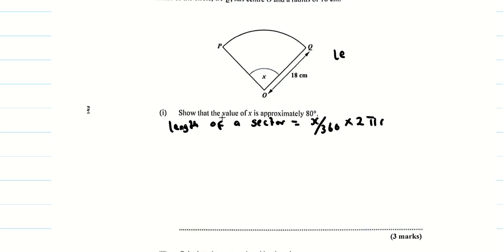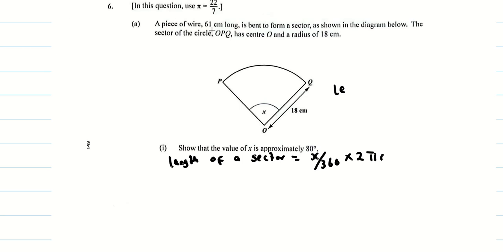We do. However, they told you, let's go up so we can see, that a piece of wire 61 centimeters long is bent to form this entire thing, right? So we only are looking at the length of the sector. So my length of my sector would be 61 subtract 18 and 18, so 61 subtract 18 plus 18.